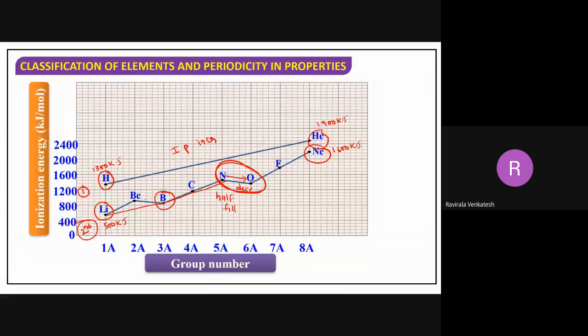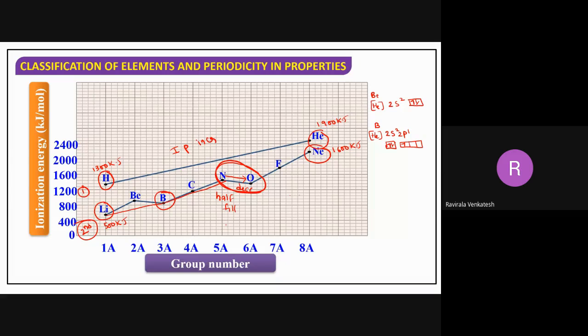Now what about beryllium to boron? I am writing the beryllium configuration here: 2s2. Is 2s2 completely filled or not? Yes. Boron configuration? 2s2 2p1.